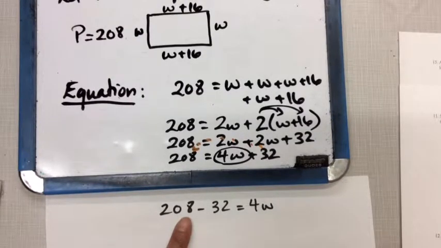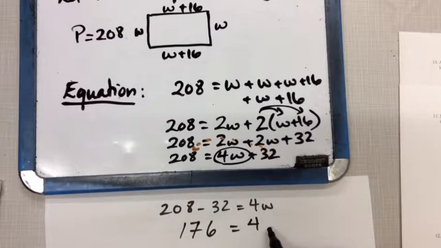And so if I remove 32 from 208, my answer is going to be 76. And then we're going to divide by 4.